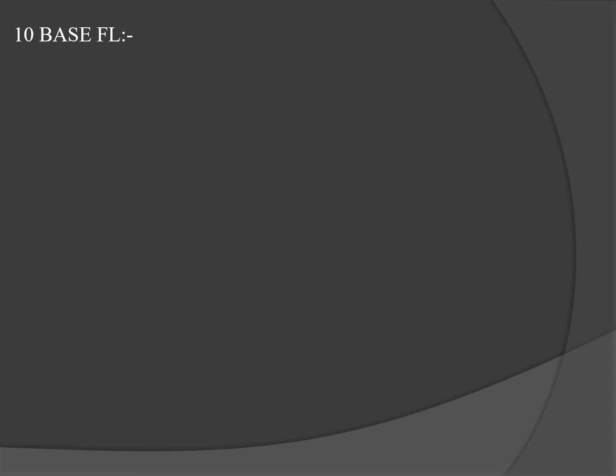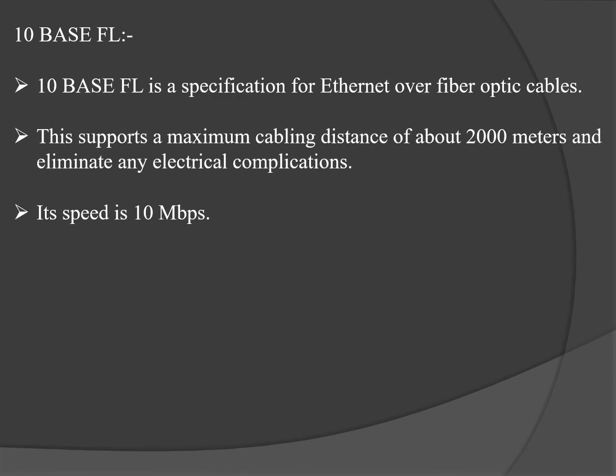So whenever we want to exceed my Ethernet cabling about 2000 meters without any electrical disturbance, at that time we can go for 10-base-FL. 10-base-FL is the specification for Ethernet over fiber optic cable. This supports a maximum cabling distance of about 2000 meters and eliminates any electrical complication. Its speed is just 10 megabits per second.